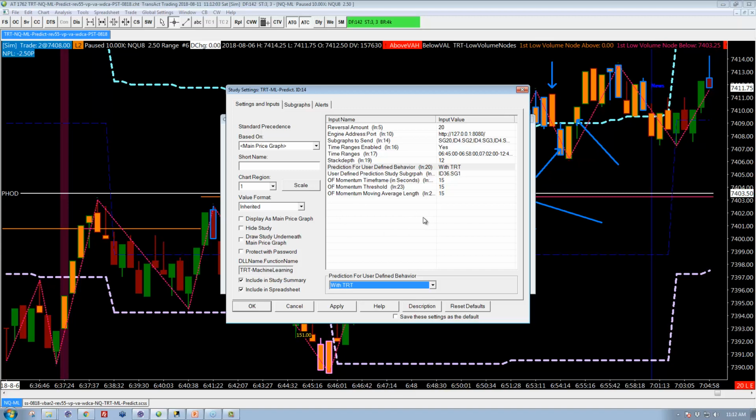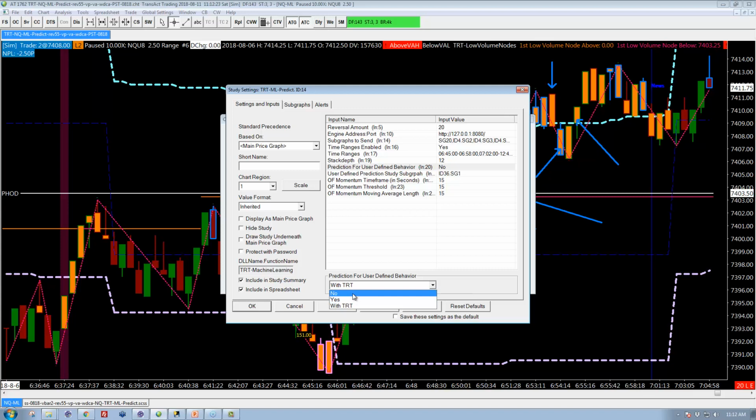I'm taking the mechanism that allows you as a user to define when you want a prediction, and combining that with the rational trader behaviors. So this now says no, yes, and with TRT.